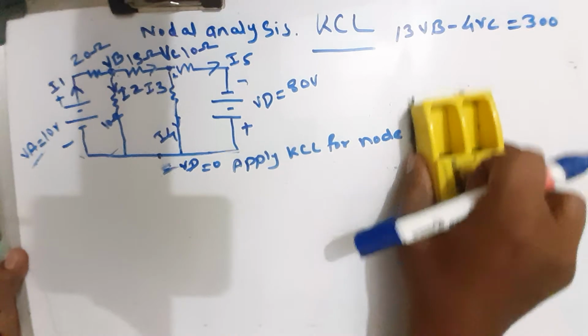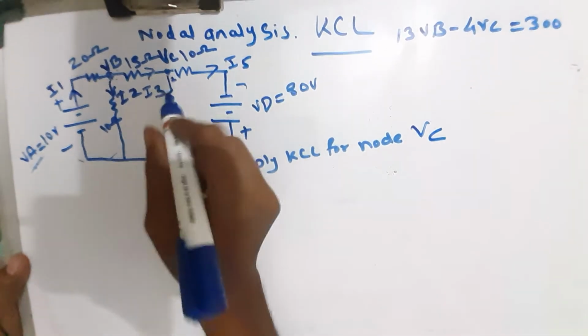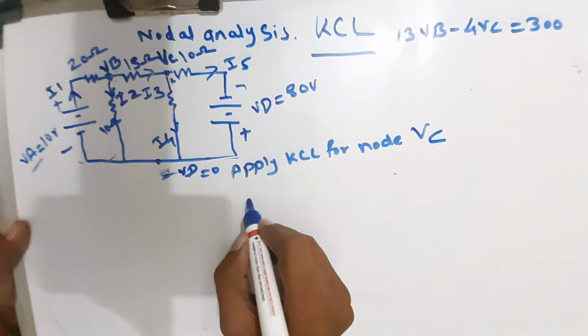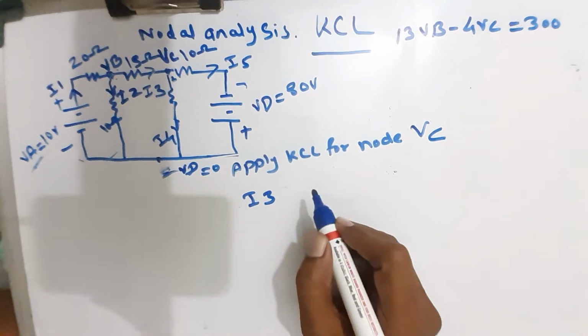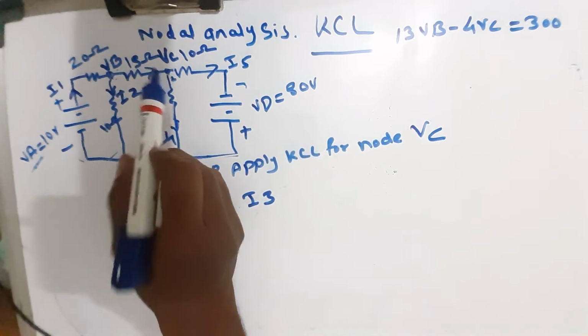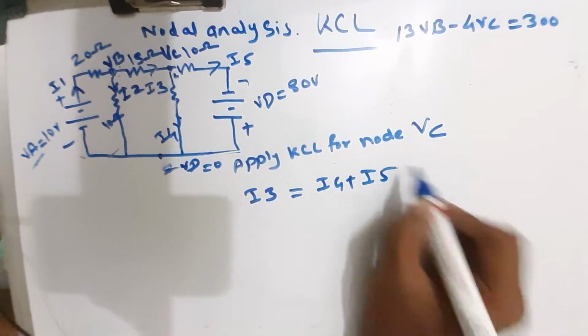Now we have to apply the KCL at node VC. Just check: the current entering towards this node is I3, while leaving will be I4 plus I5.